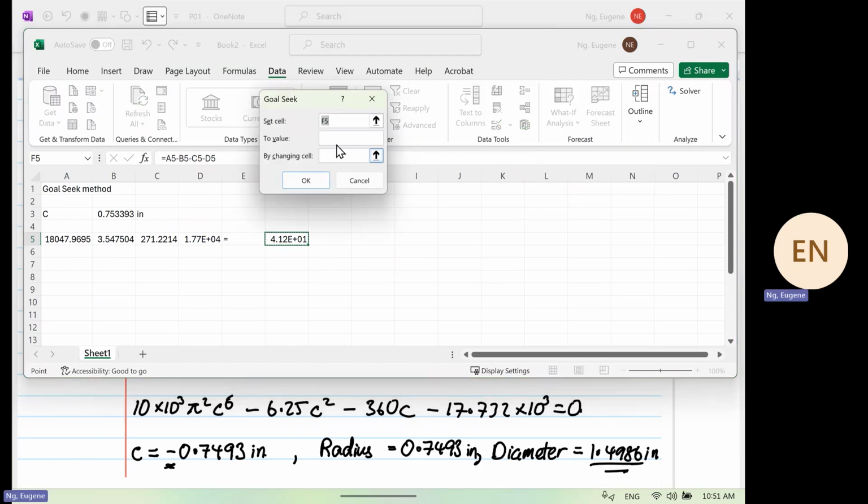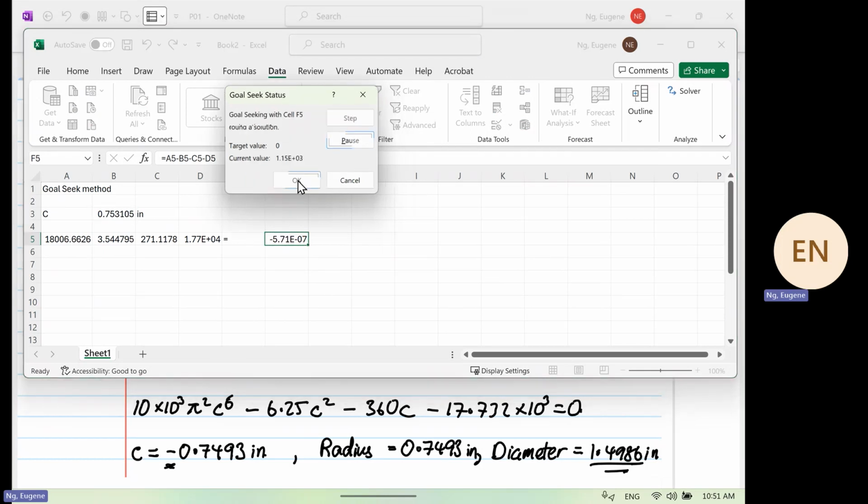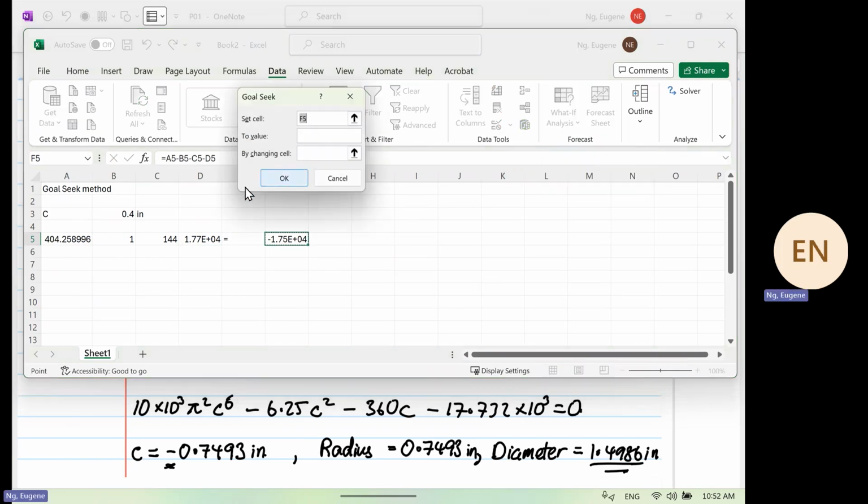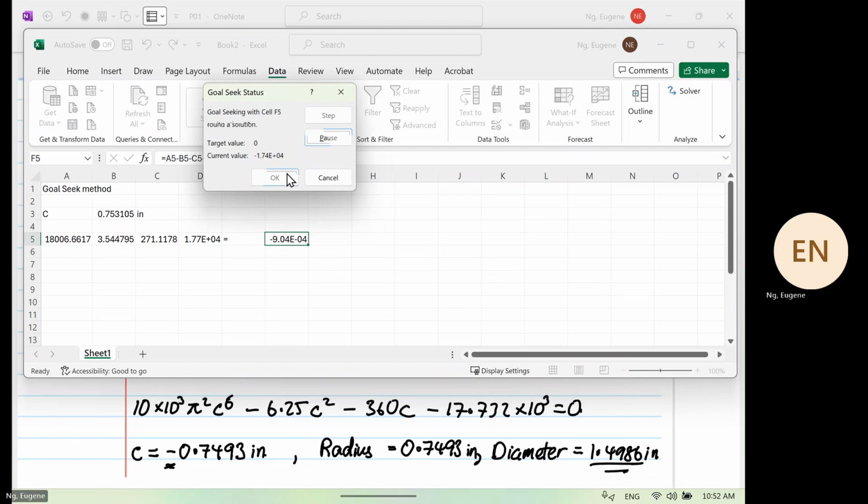So Goal Seek again. This is equal to 0 by changing the cell, and there we go. Wait, it's embarrassing for me. What if Goal Seek? It should not work at all. Change cell, boom.